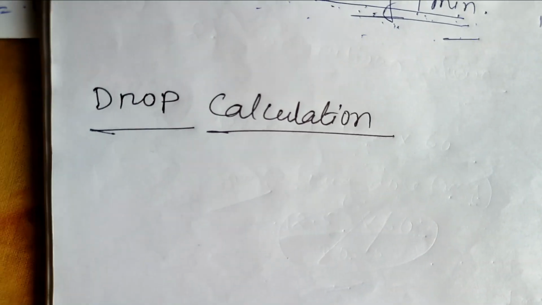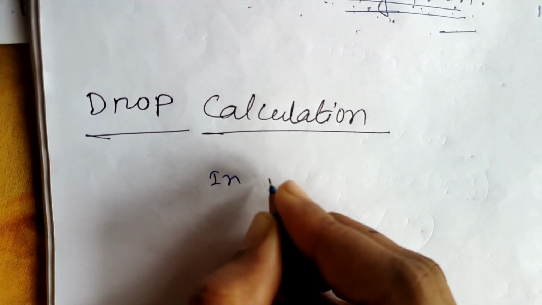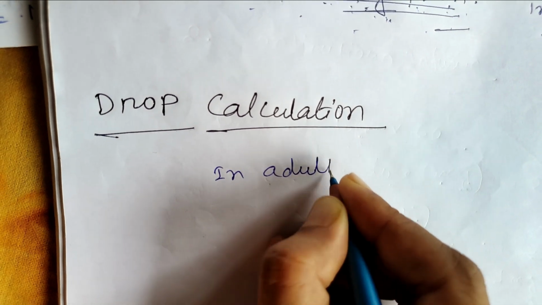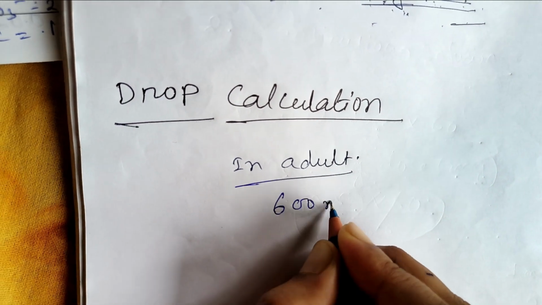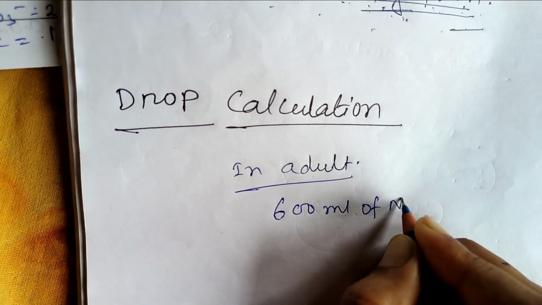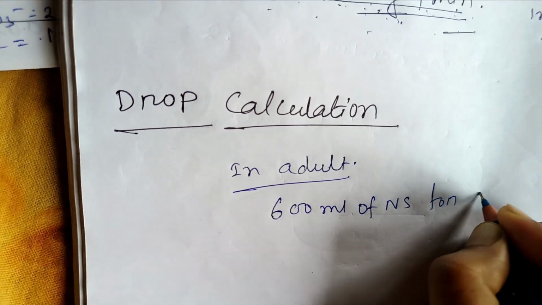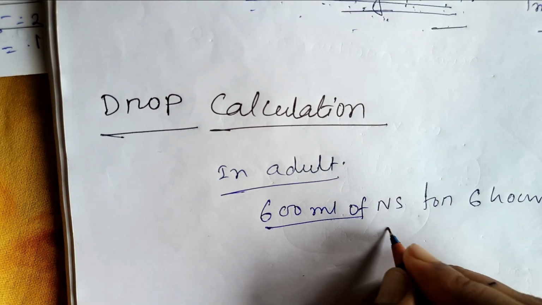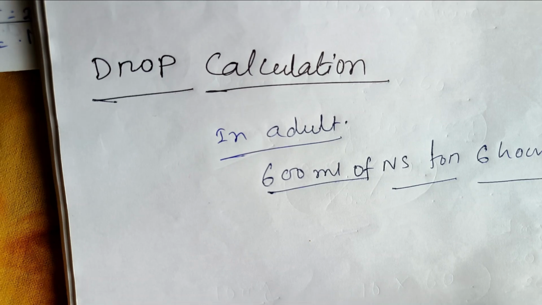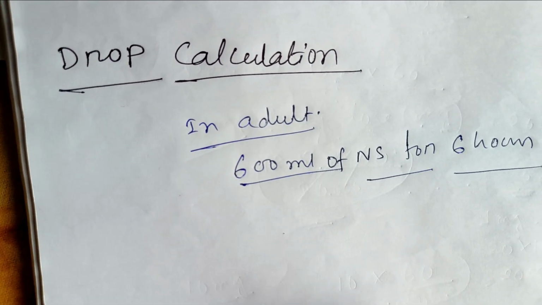Next, coming to the drop factor calculation. In case of an adult, like a patient is advised 600 ml of NS for 6 hours. It is written. So by this, we have to provide the fluid to the patient.